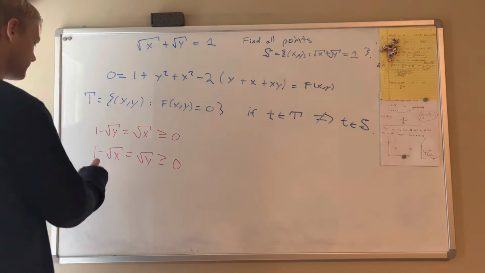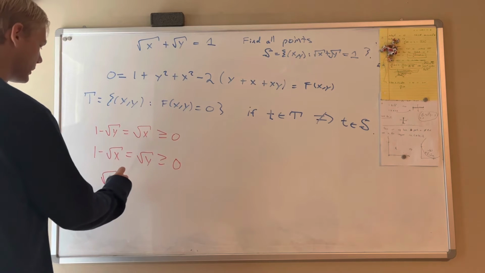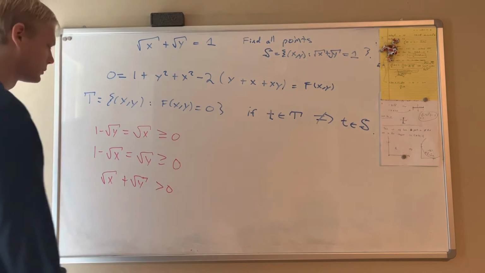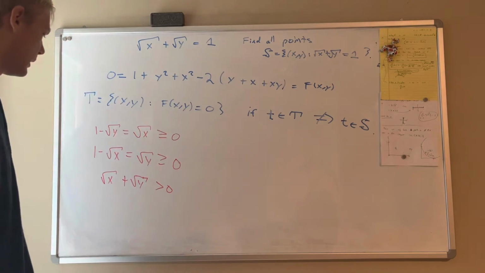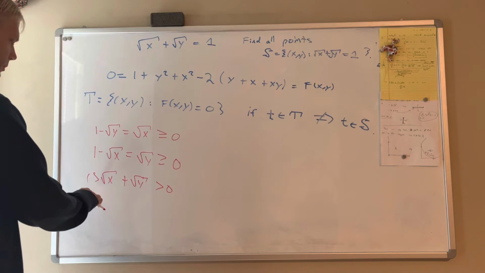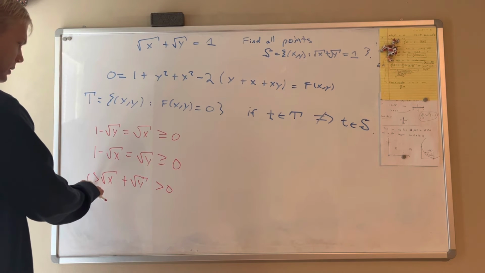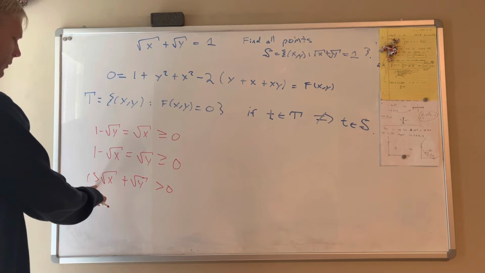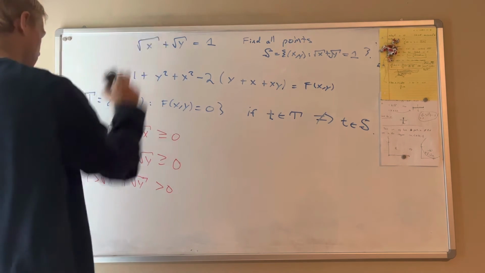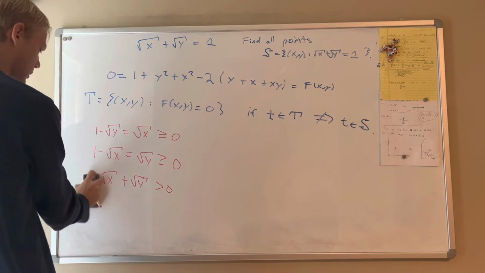And then we also get root x plus root y should be greater than 0. We don't want to say this is less than 1, because you won't get points that correspond to the equation.